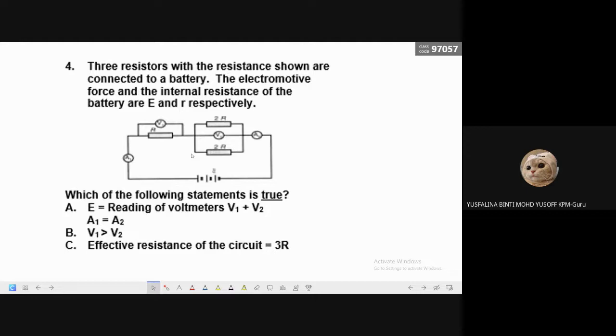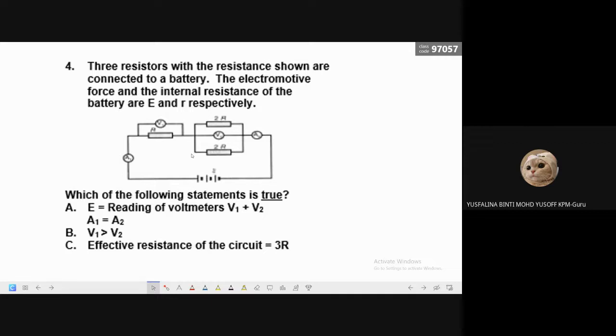For this one, the three resistors, the last one, after that I will stop. The three resistors with the resistance shown are connected to a battery. The electromotive force and the internal resistance of the battery are E and r respectively. Which of the following statements is true? E equals the reading of voltmeter V1 plus V2.